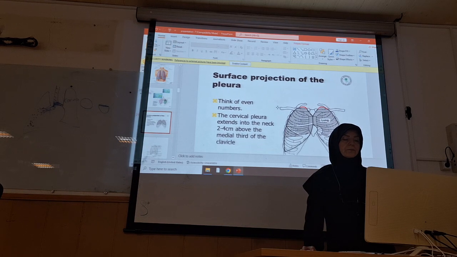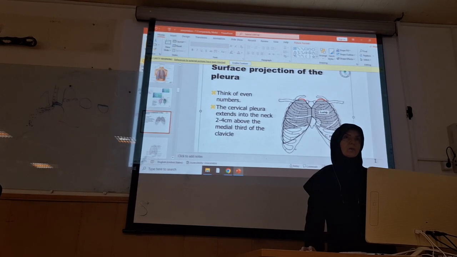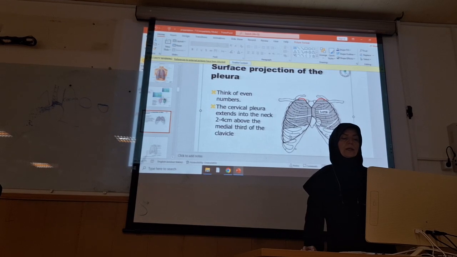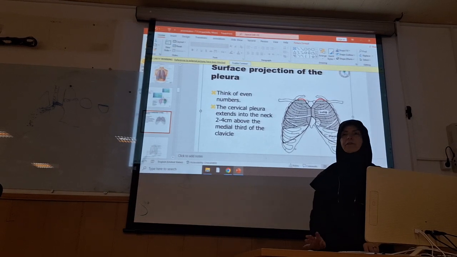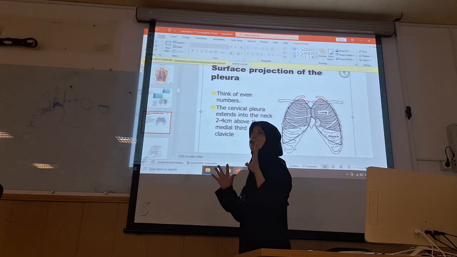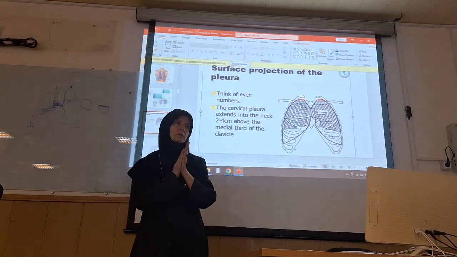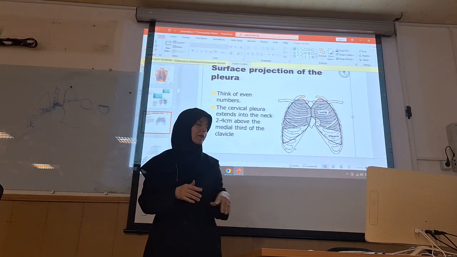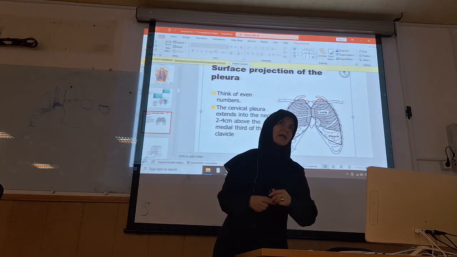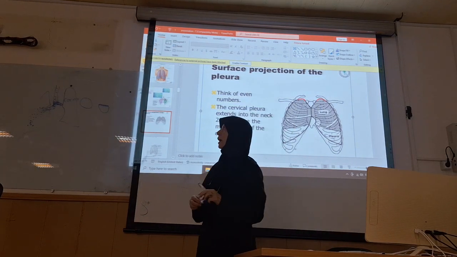Now, it is going to explain for you that the pleura is larger than each lung. The pleura is larger than the lung.